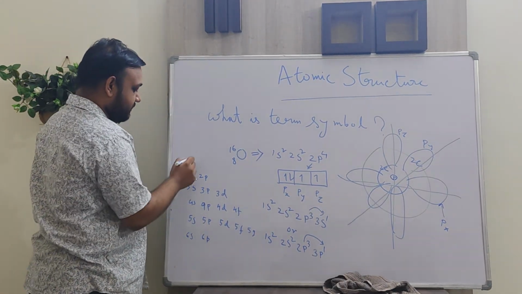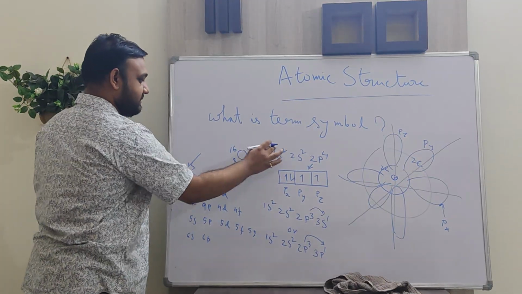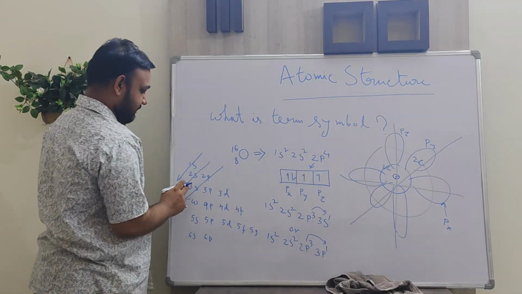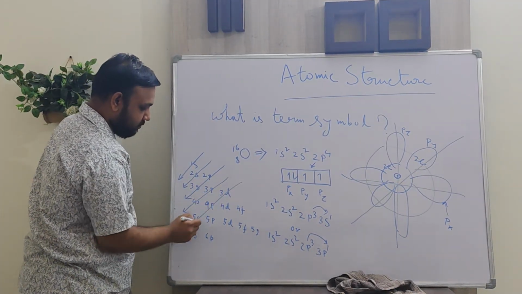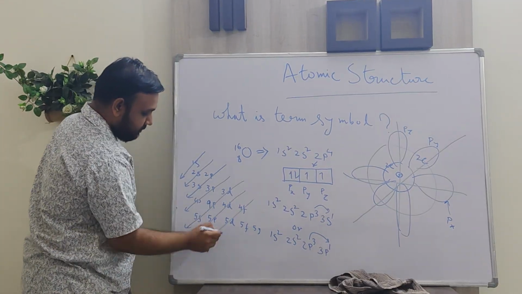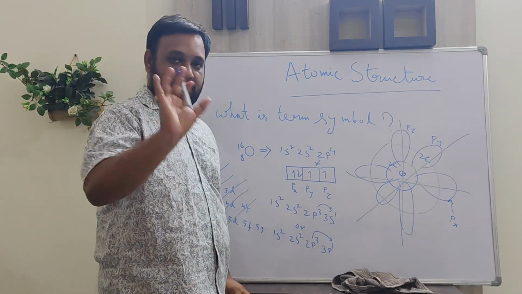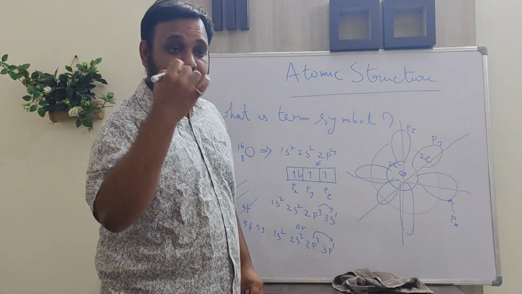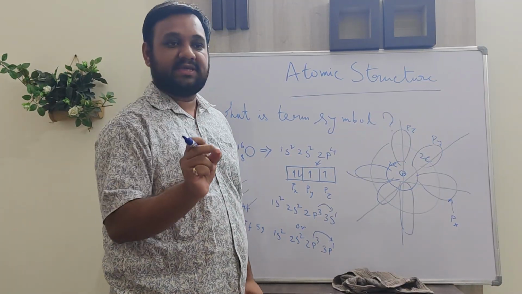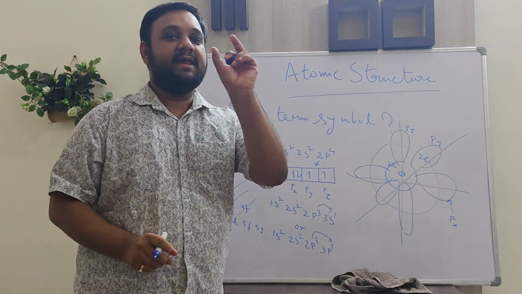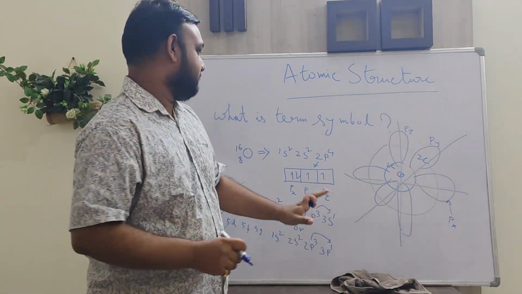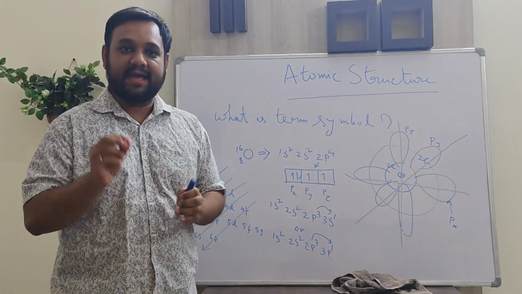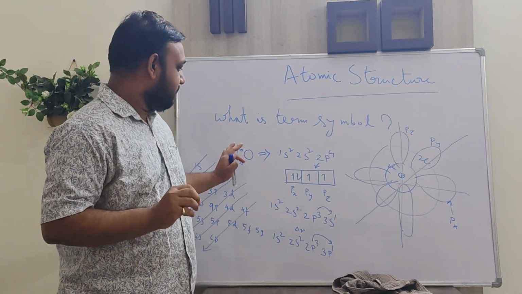According to Aufbau principle, first we put electrons in 1s, then in 2s, then in 2p, then 3s, and we follow that order. So this Aufbau principle tells us how to get the ground state electronic configuration. Now we have to determine how to represent that ground state electronic configuration in a single letter instead of writing whole electrons. Let's see how to get that term symbol using the simplest method.